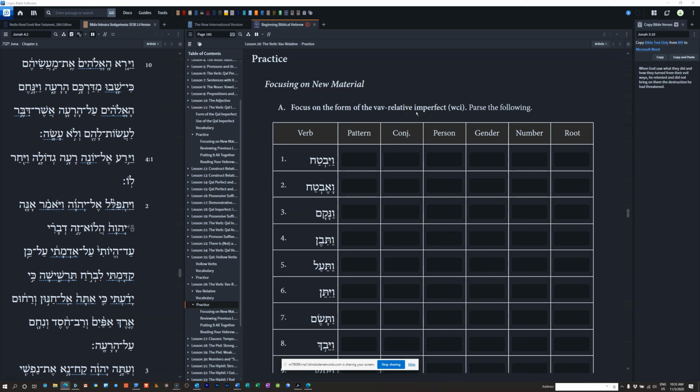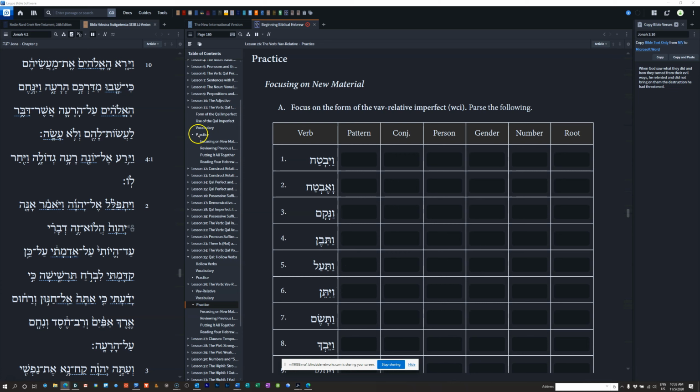So all that to say, and even this terminology Vav relative, some grammars are going to say Vav consecutive. Some are just going to call it the vayik tol, because when you put the Vav relative on the paradigmatic katal form, that's the way you would pronounce it, is vayik tol.